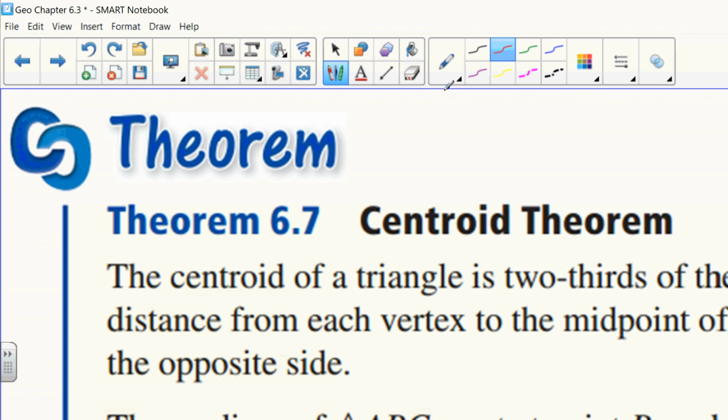Now, the centroid has an interesting property. Take the entire length of the line, here AE, and multiply it by 2/3, and we get the larger segment, AP. So the length from the vertex to the centroid is equal to 2/3 of the whole.